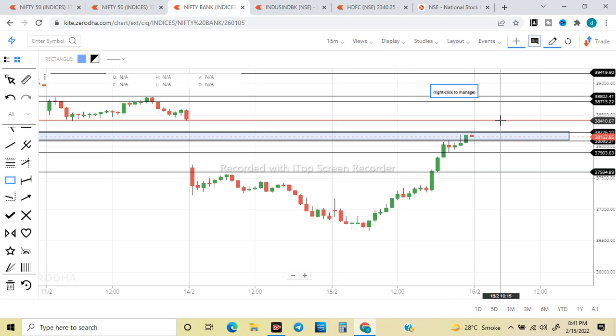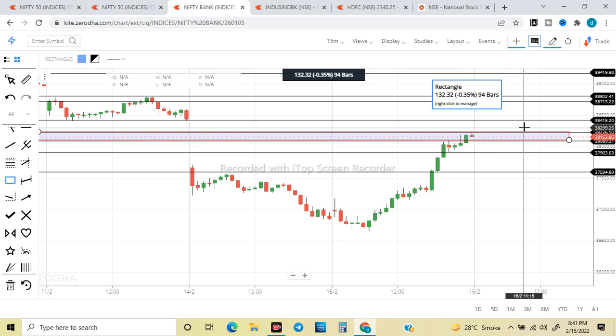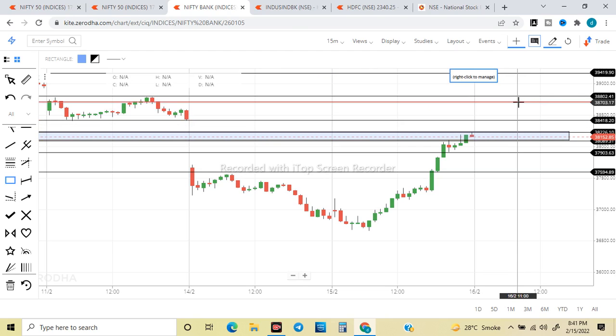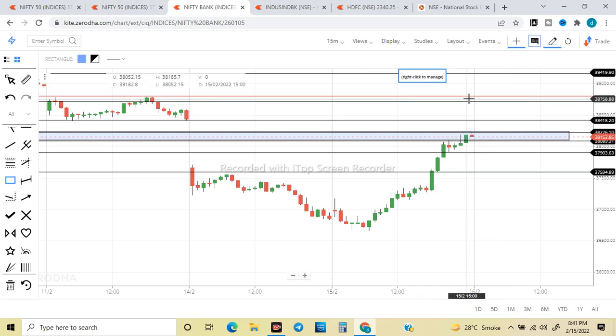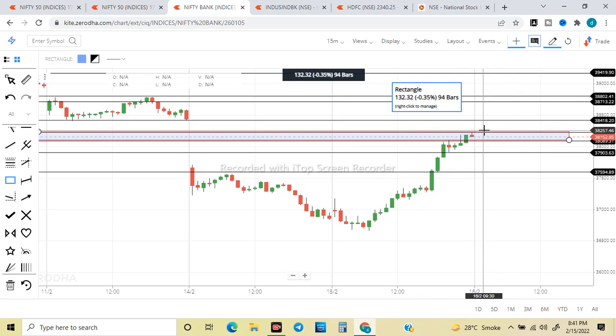If anything changes, we'll update tomorrow morning on Instagram, but if nothing changes and everything remains as positive as it is right now, then we will see 38,700 as a follow-up target for Bank Nifty tomorrow. 38,700, 38,800 will be my initial target if it starts trading above 38,400.